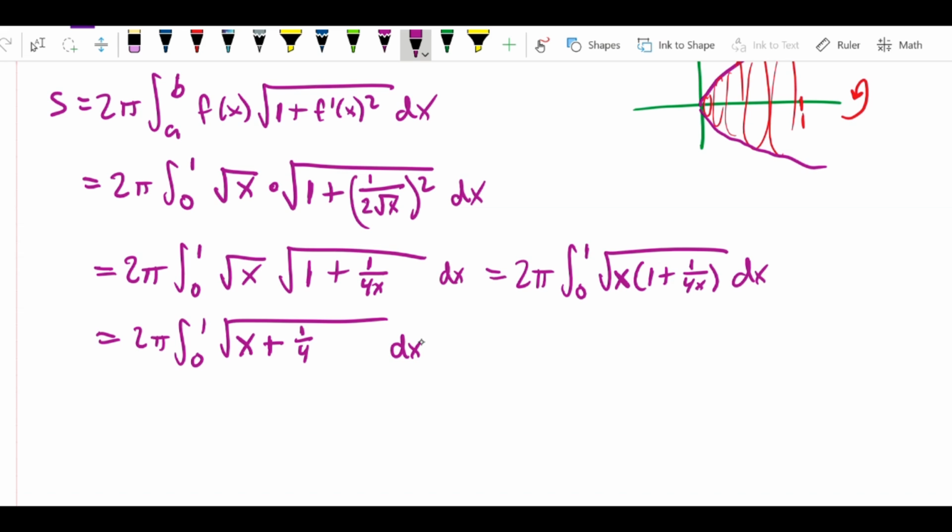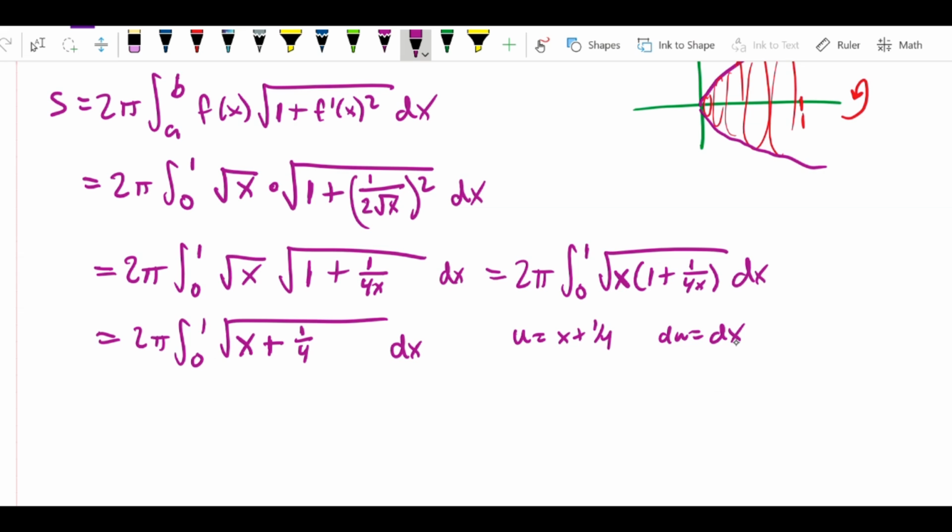So let's see. Can you do this by u substitution? Let u equal x plus 1/4. So du equals dx.